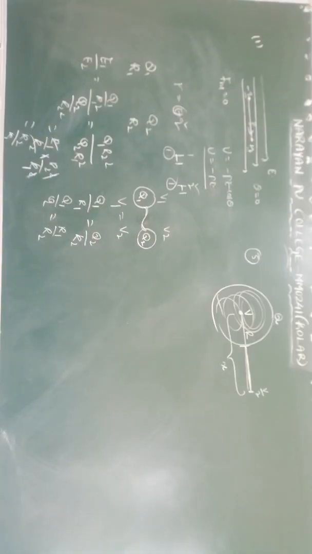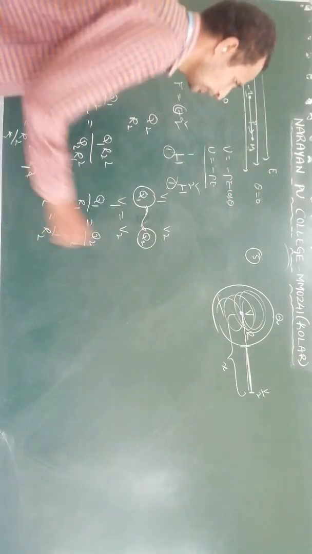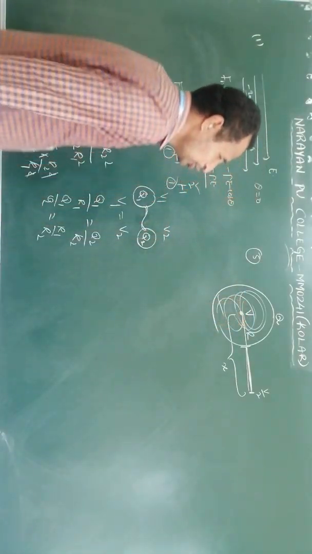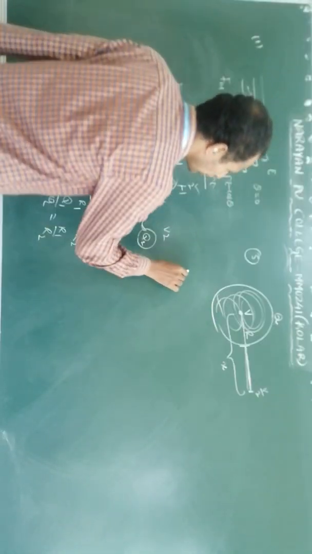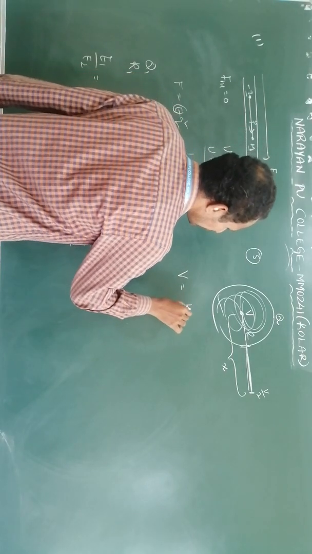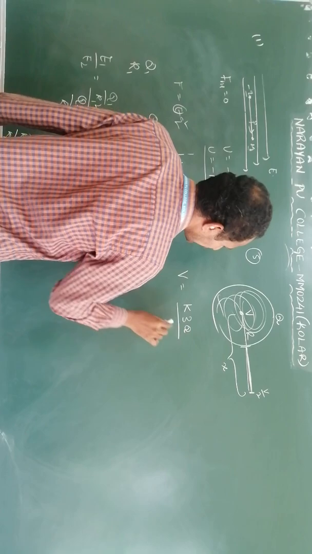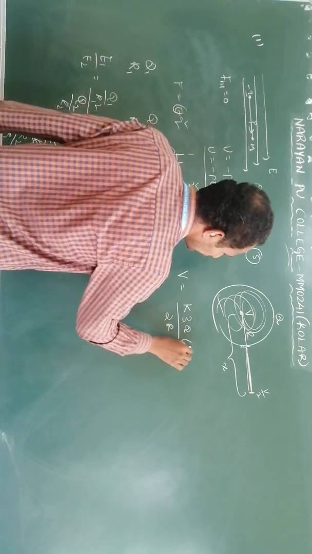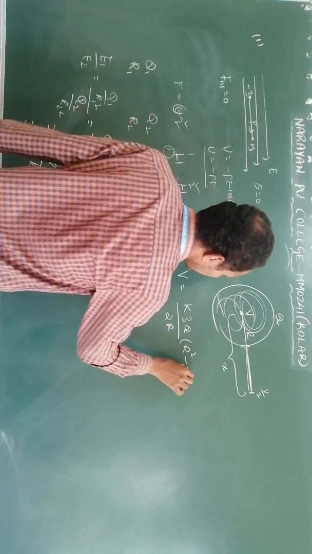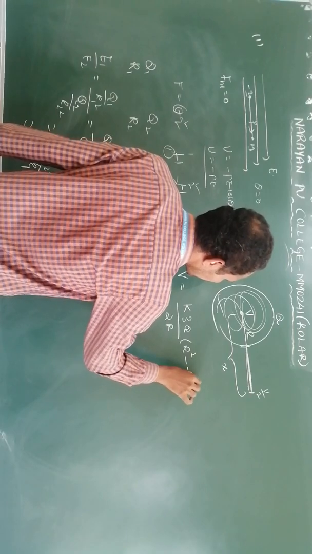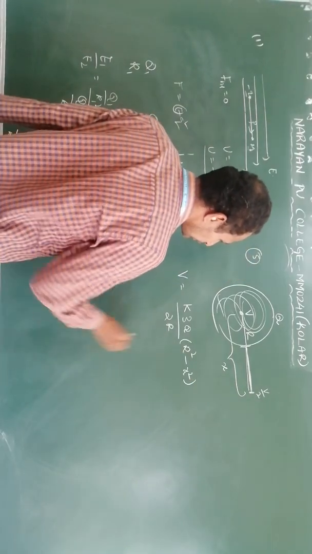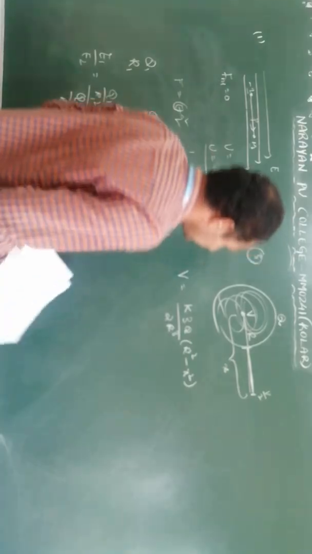Clear? Understand? So first we need to know what is the potential at the center. The potential due to the solid sphere, formula V is equal to K into 3Q by 2R into R square minus x square, over R cube.